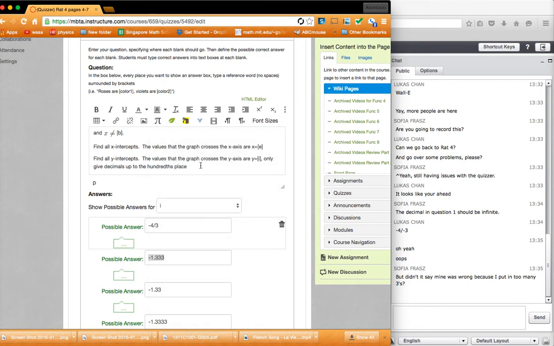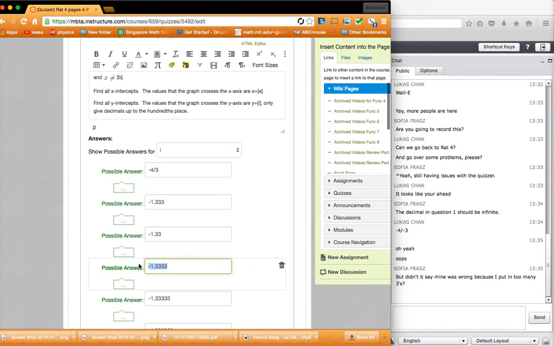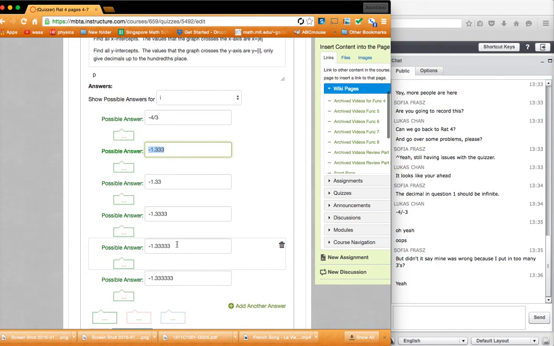So here's the problem: I think that Sophia put in this answer, 0.3333, and I only had these as the two options. So this morning I went in and fixed it, and I said, okay, include 0.333 and also include this and this, but I can't do infinitely many options here. I can't think of every single thing that they come up with.